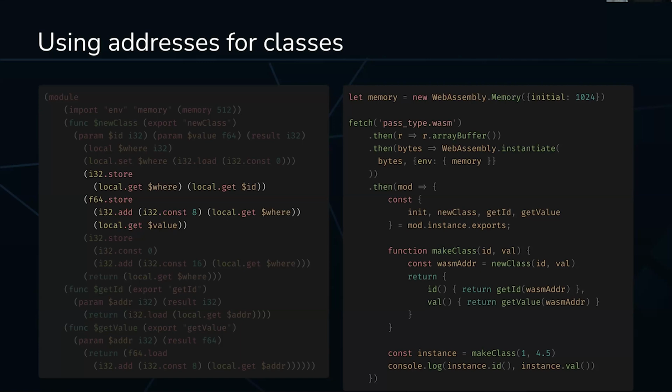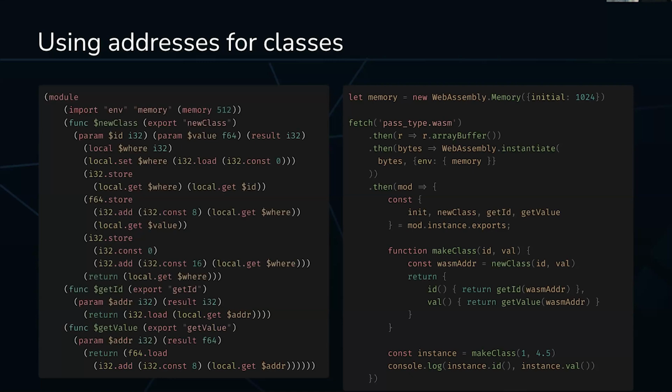So I'm doing 8-byte alignment, just what your programming language would do. And then you return the address of where you wrote that. Then when you have your getters and your functions, you take in that address and then you operate on that address. And that's essentially how you make a struct in WebAssembly. Just a lot of addresses and offsets.